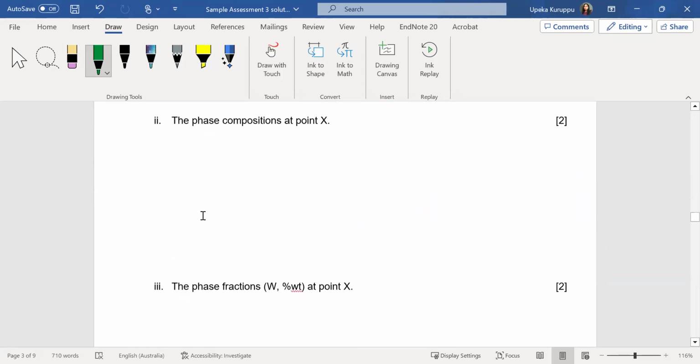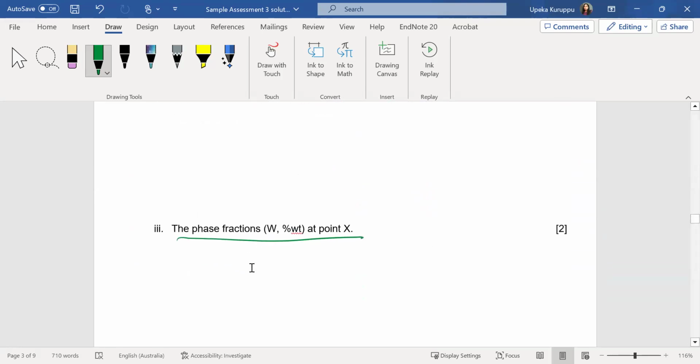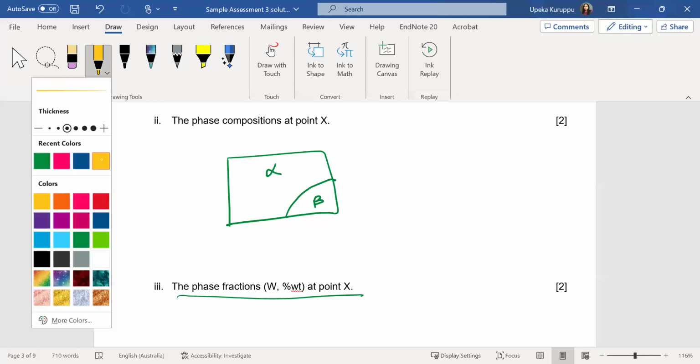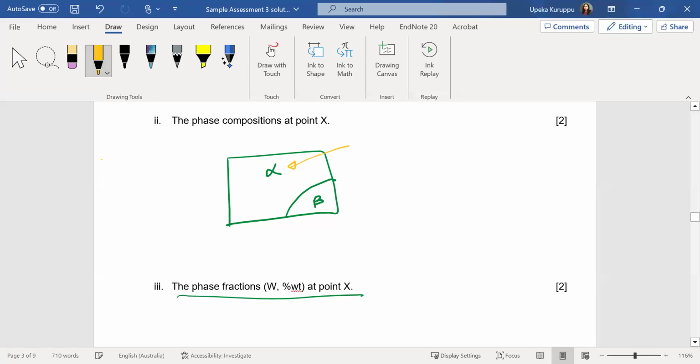Next one. Phase fractions, or the weight fractions. What do we mean by weight fractions? When you consider the point X, you have alpha and beta both. Inside the alpha phase, you have 10% of B and 90% of A. Inside the beta phase, you have 95% of B and 5% of A. That we have found already.